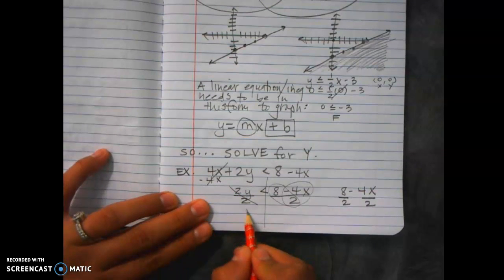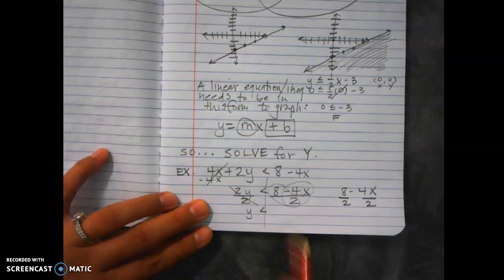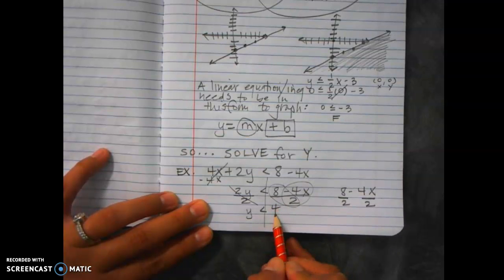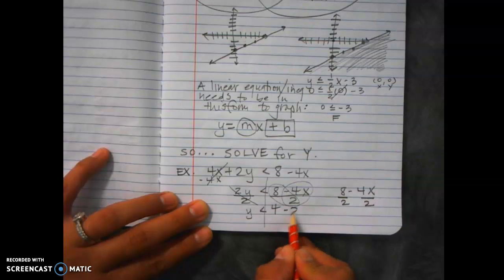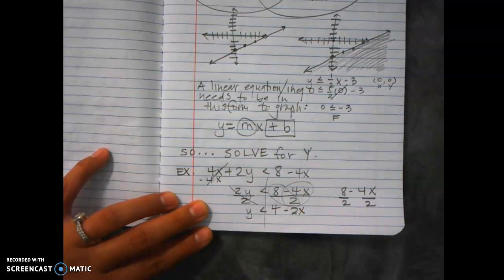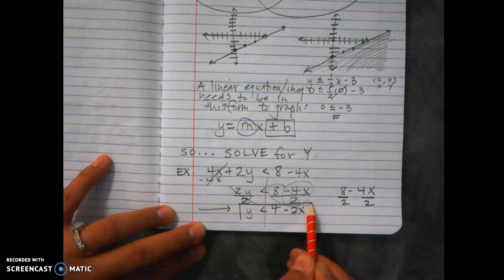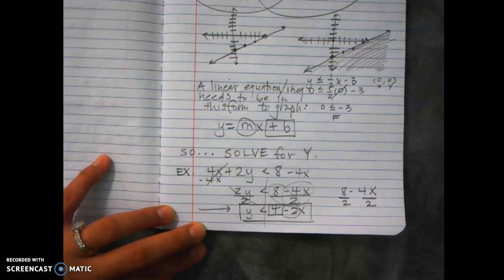So either way you want to write it is fine with me. When we divide 8 by 2, we get a 4. When we divide -4 by 2, we get a -2. Don't forget your x. Now we are done. That is our final answer because from here I can identify my slope and I can identify my intercept.